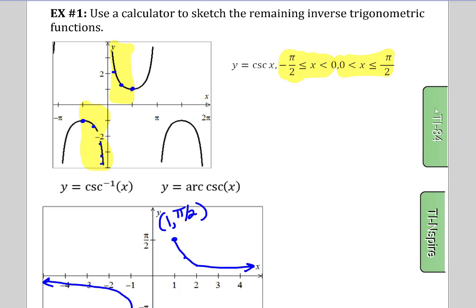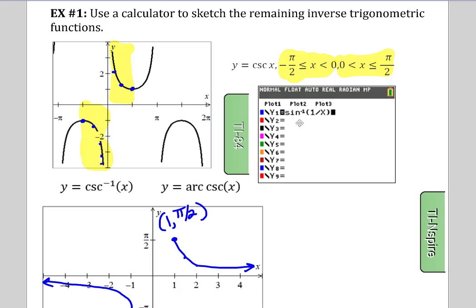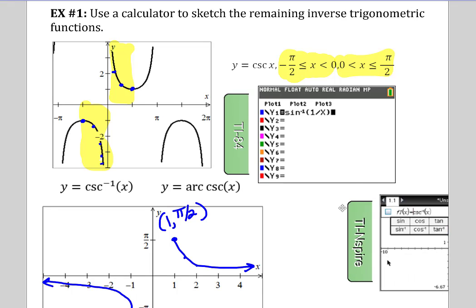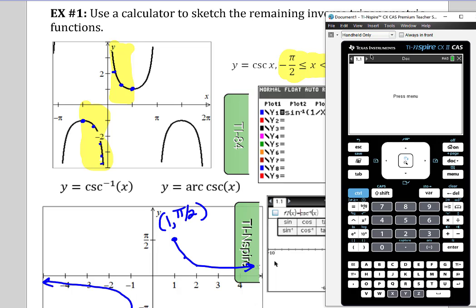Now, if you want to check this with your calculator, depending on which calculator, if you have the TI-84, you're looking for sine inverse 1 over x. But if you have the TI-Inspire, you can actually plug in cosecant inverse on that tab key. I'll show you with my example here.